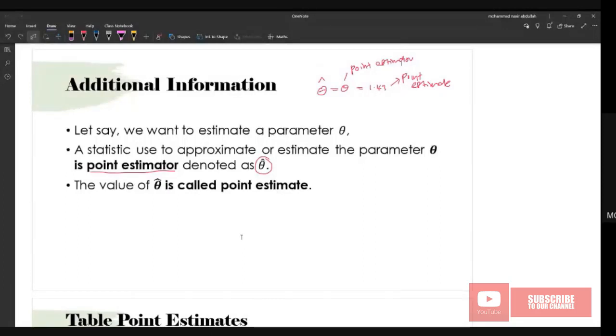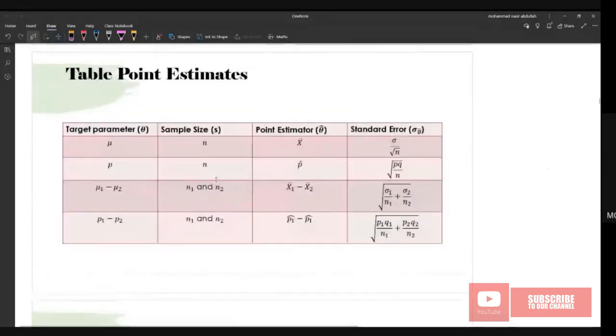So this is a table of point estimators. Let's say the target parameter is mu, the sample size is n, and the point estimator is x bar, and the standard error is sigma divided by square root of n. For a proportion, if our target parameter is a proportion and the sample size is n, the point estimator is p hat, and the standard error for p hat is square root of pq divided by n.